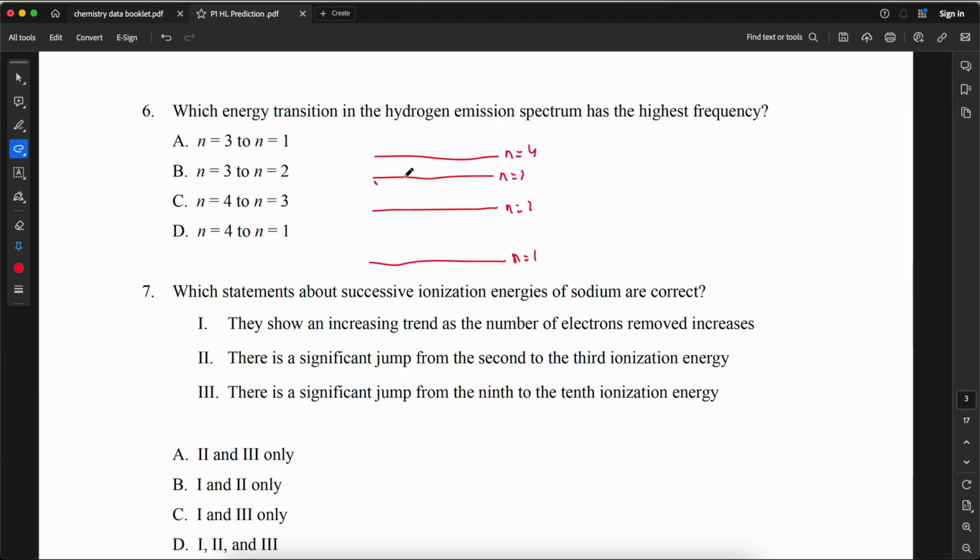So for option A, this from 3 to 1, and for option B, and for option C, and for option D. Transition D is the one with the greatest emission, because energy equals Planck constant times frequency. So the greatest emission, the greatest the frequency. So the answer is D.